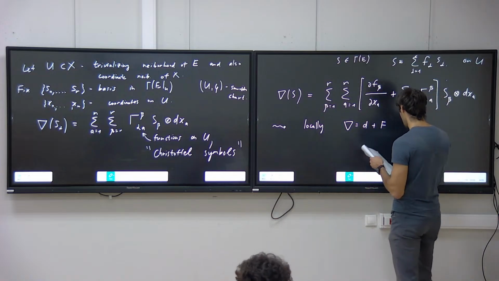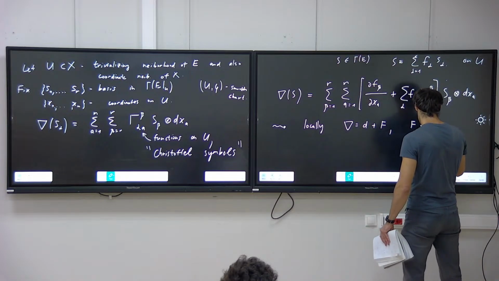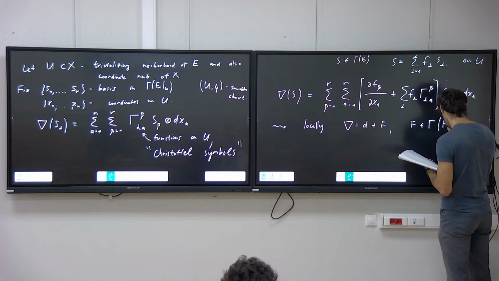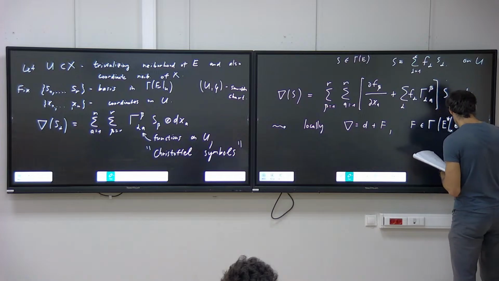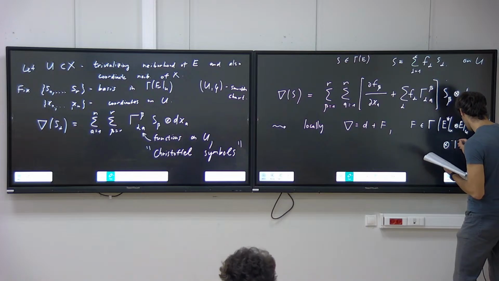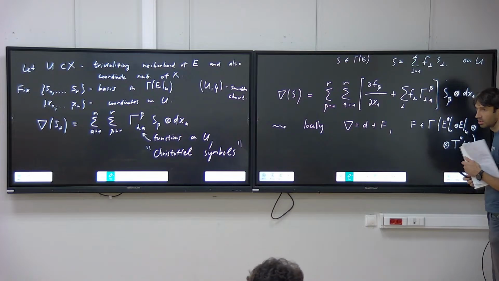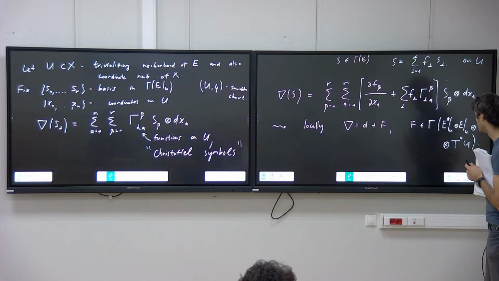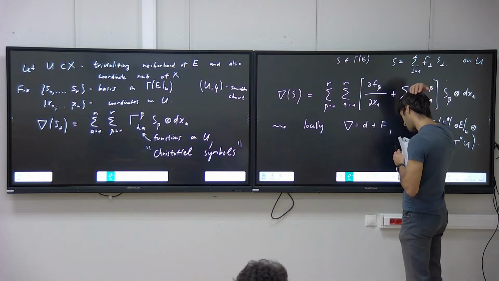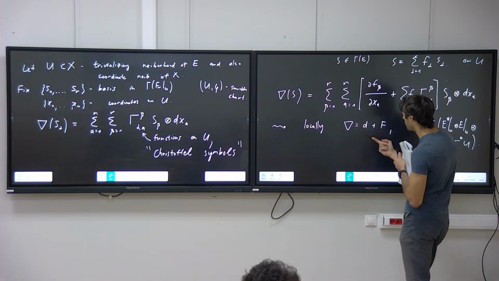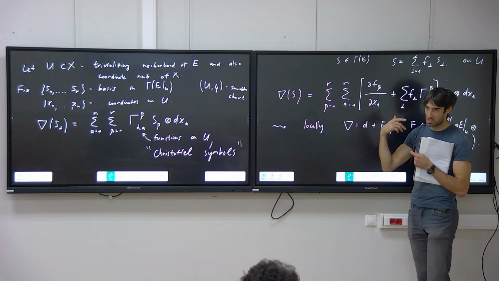Well, this is not a function, rather this is a section of E star restricted to U, tensor E restricted to U, tensor T star U. D is actually the exterior derivative, but what does it mean to apply the exterior derivative to a section?